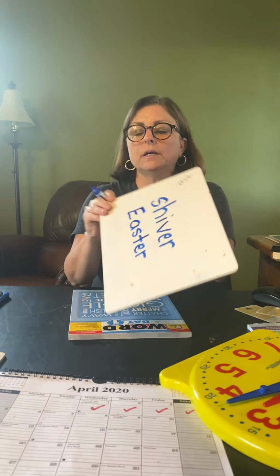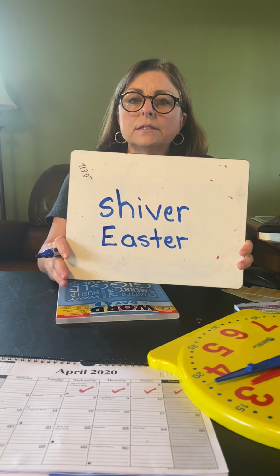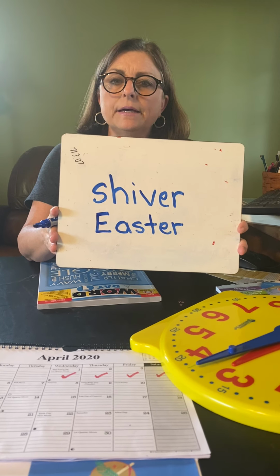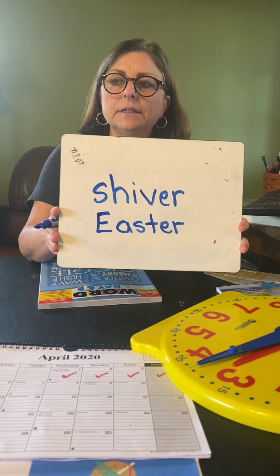While you have your writing words booklet out, I want you to add 2 more words. Easter. Turn to the letter E. Easter is a holiday, so we would begin with a capital E. A-S-T-E-R. Easter.